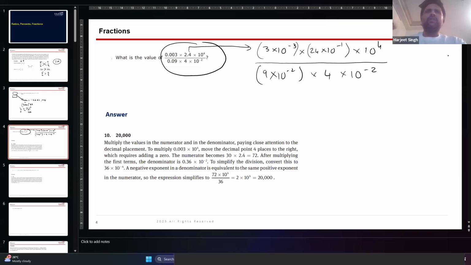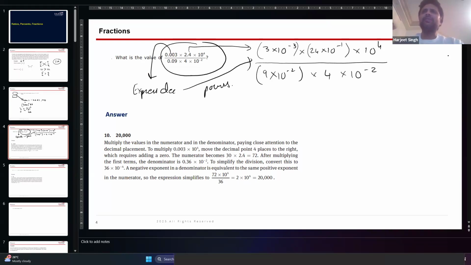So the first point here is to express decimals in terms of powers so that it's easy. Also remove decimals wherever possible. Even if it's 2.4, just remove it so that it's easier to work with the number.